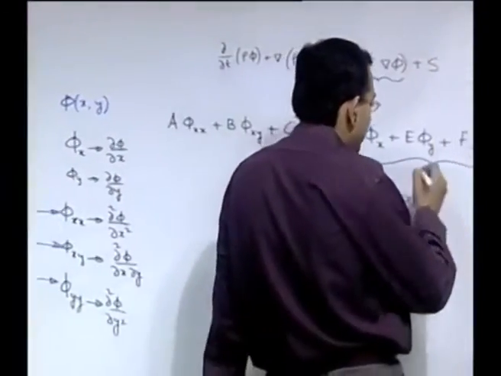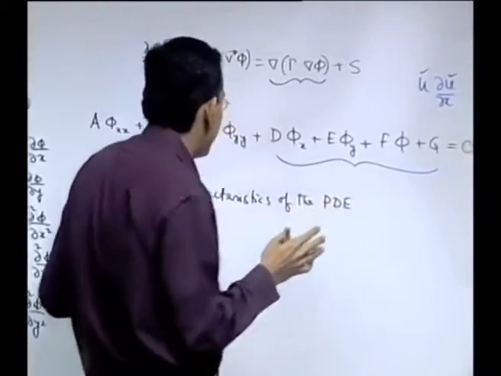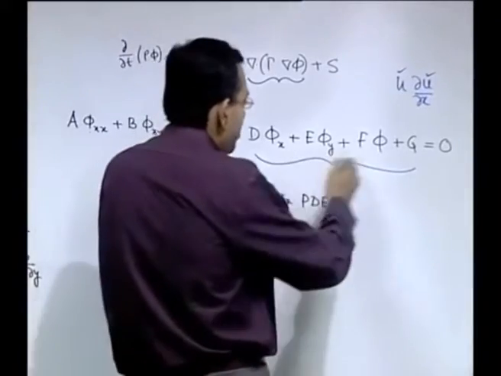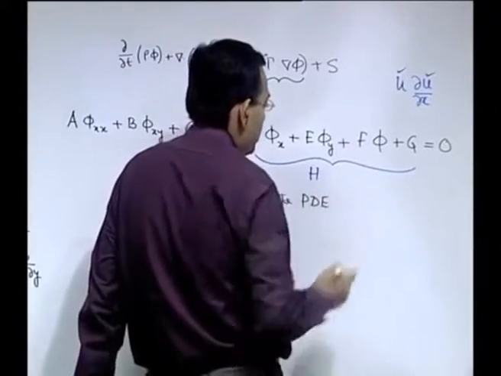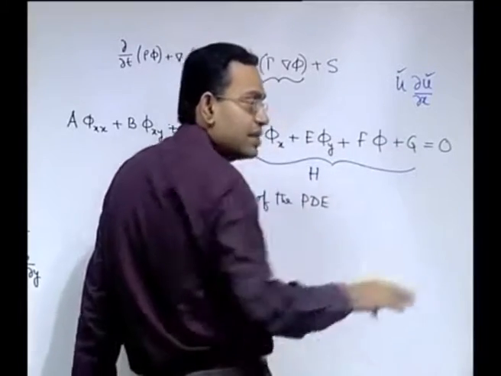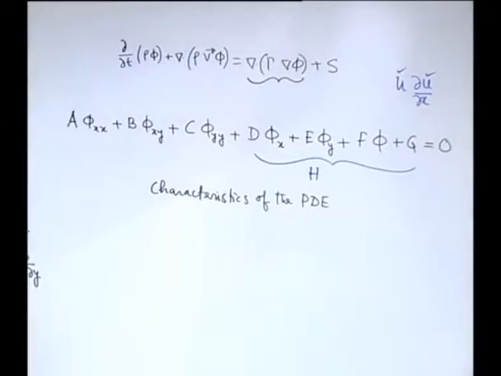So, to do that, since the highest order partial derivatives are the important parameters, we will club all other terms in the form of a function called h, just give a name of h to this, and then proceed further in mathematical simplification.